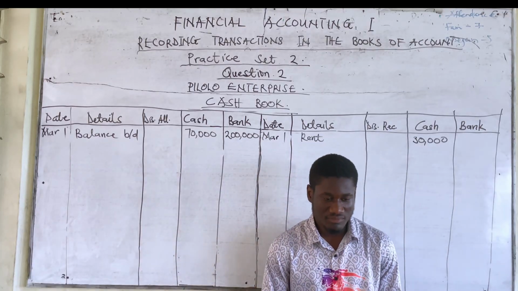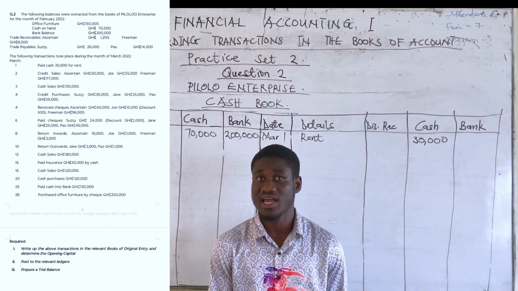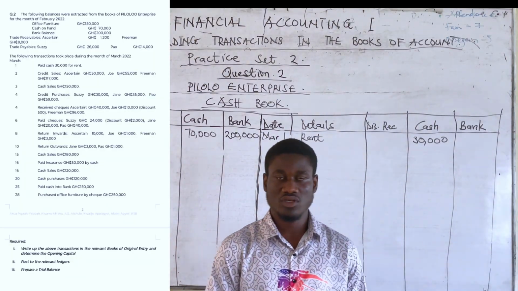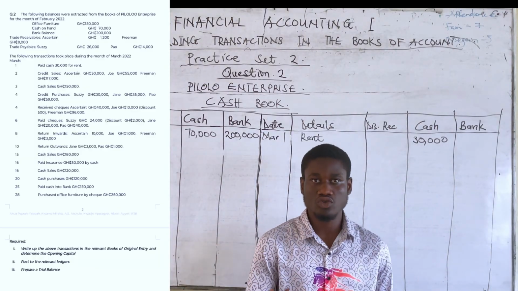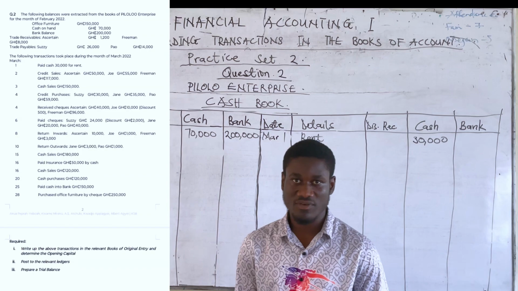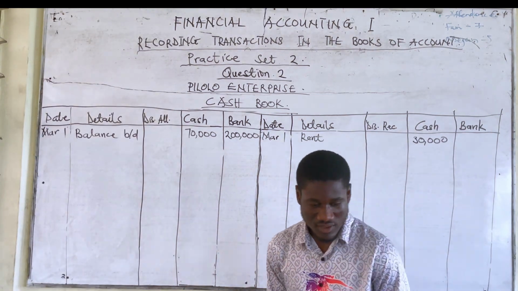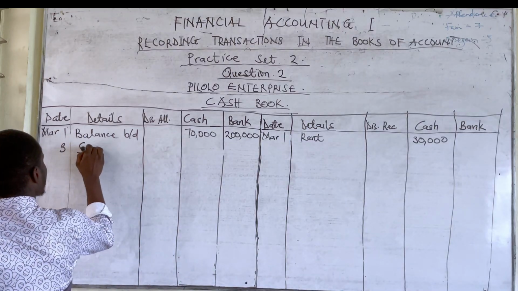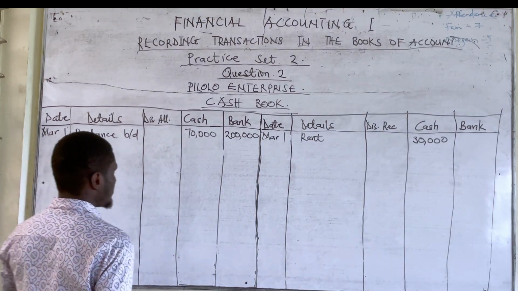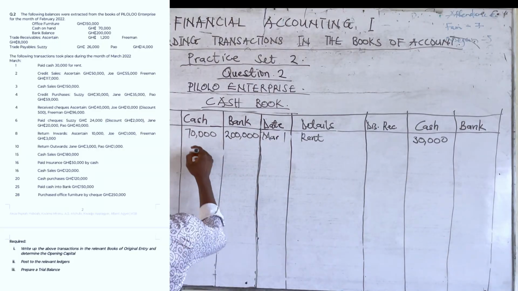Now we have March 3rd, which is cash sales. So this one is involving cash. We sold goods and received cash. So with cash sales, our cash is going to increase because we received cash from the sales we made. So we are going to debit in the name of sales, and the amount is 150,000.